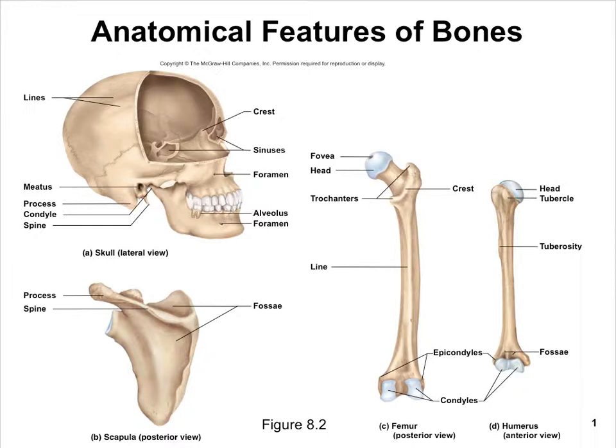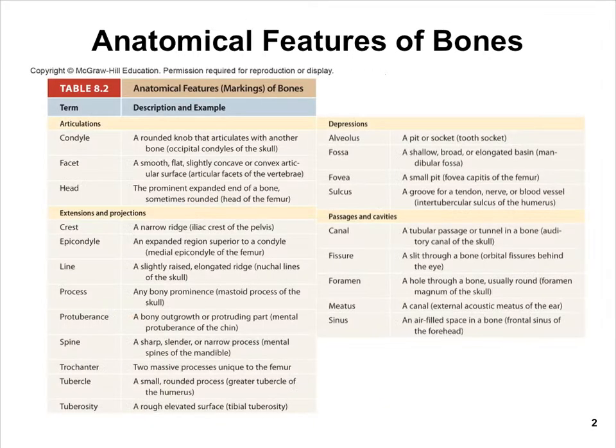On the humerus and the femur, the epicondyle-like things that are close to the head have special names, which we'll get into in just a second. You should look at this table and know this table. You should know all of these different terms and what sort of feature they describe.